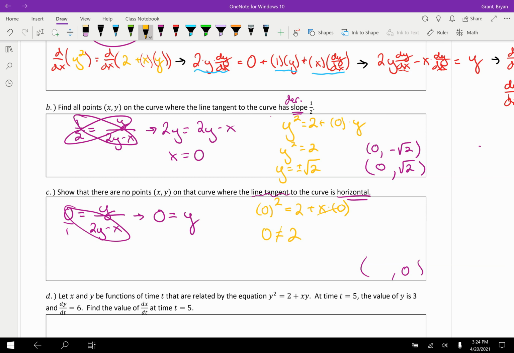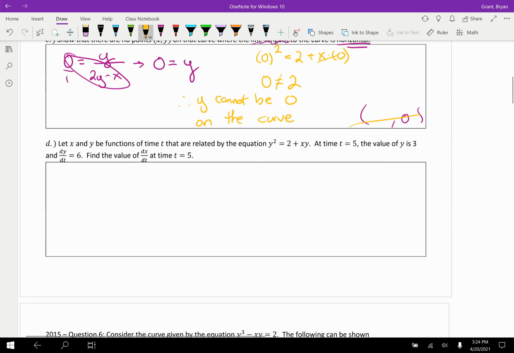Uh-oh, 0 is not equal to 2. And so this shows that there are no points where the curve is horizontal. So I'd say, therefore, y cannot be 0 on the curve. Or maybe even better, I should say there's no tangent line up there, but I've already written it, so the end, there are no points.